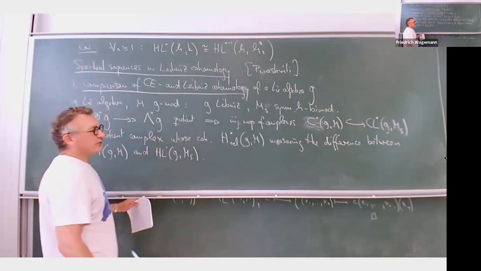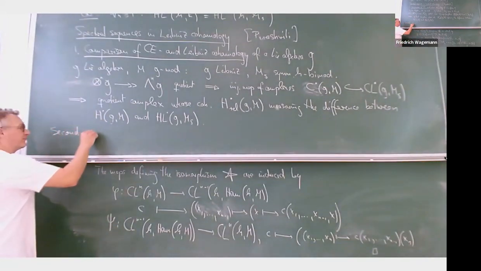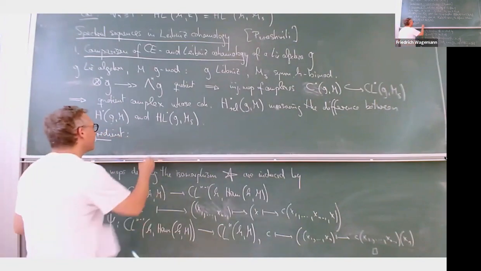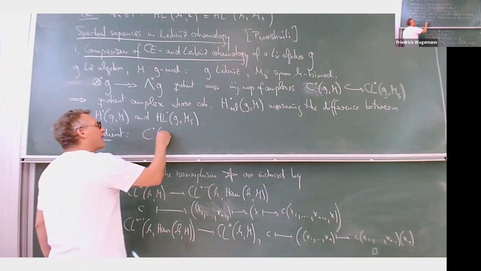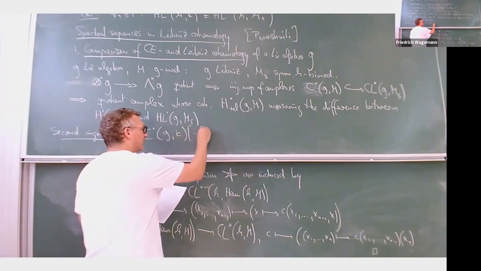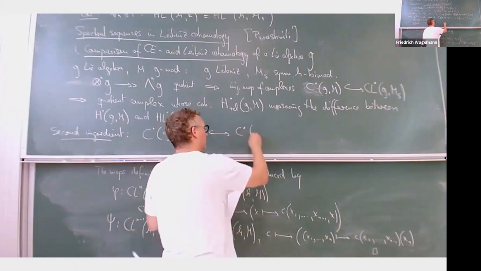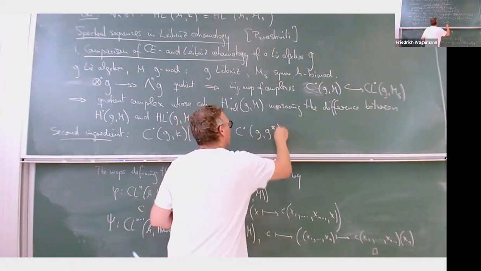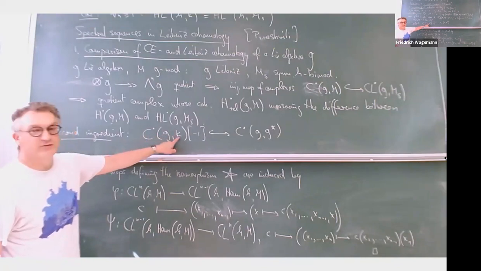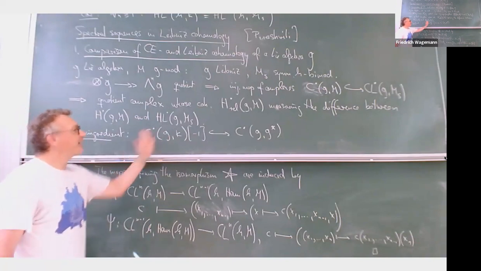This is one ingredient. The second ingredient is you can swap an argument, as we just saw. Take cochains on G with values in the trivial module, and then swap an argument from the Lie algebra side to the module side.